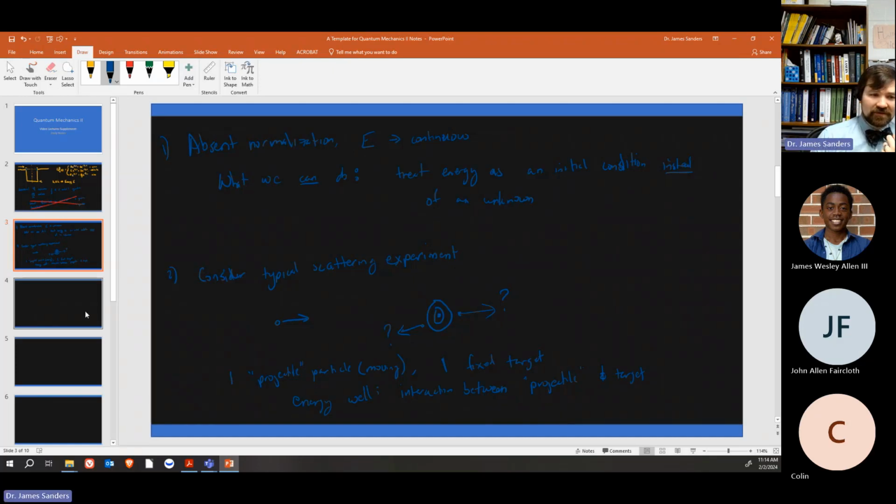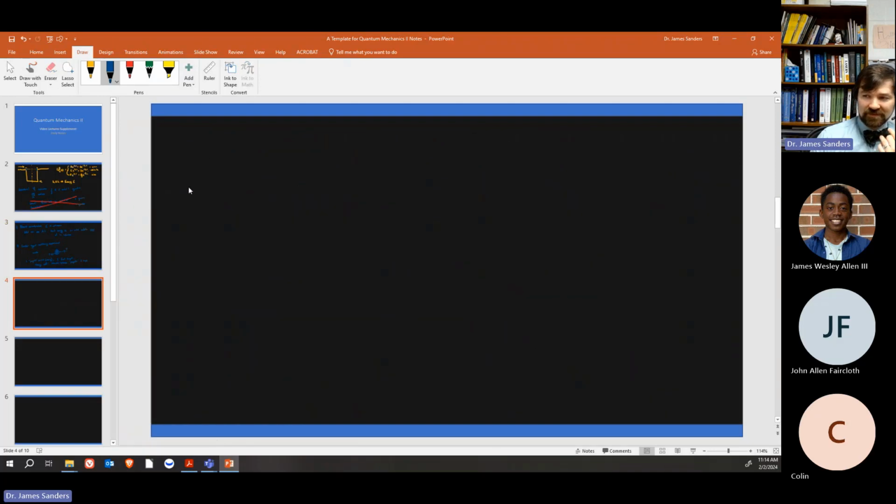So now we say, given that we're considering this experiment, continuing this thought, where does the particle come from? Well, usually the particle comes from some particular source.